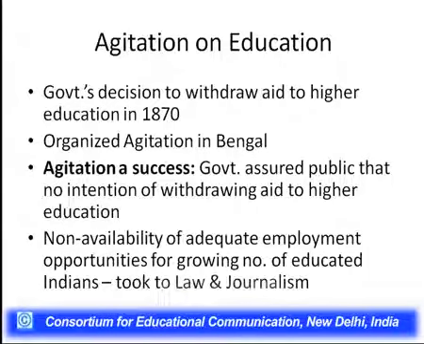And when this aid was withdrawn in the educational sector, we find that the people started agitating, and this agitation was a success as well. Indians also wanted to study, as there was non-availability of adequate employment opportunities for educated Indians. And in this situation, they took to law and journalism. When they shifted to journalism, they started a number of newspapers as well.